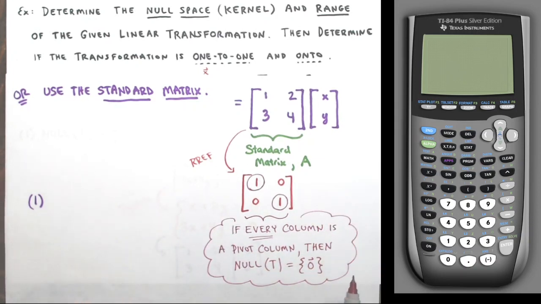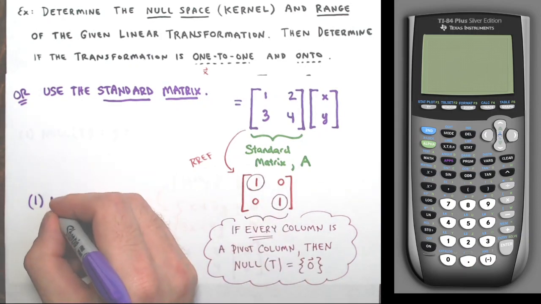And if not every column is a pivot column, if you have any non-pivot columns, then this is not going to happen. So just keep that in mind. What we're seeing here is every column is a pivot column.